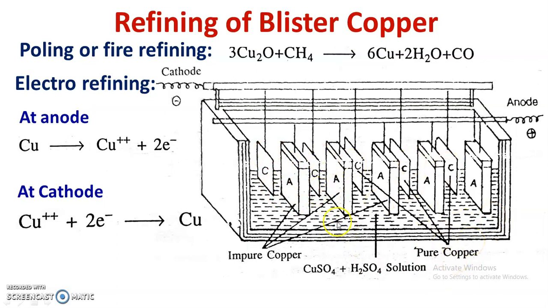As soon as direct current is passed, oxidation occurs at the anode and the anode gets dissolved into the electrolyte by this oxidation reaction. Cu gives Cu2+ plus 2 electrons. Cu2+ ions migrate towards the cathode, and at the cathode there is a reduction of Cu2+ ions and a deposition of pure copper metal on the surface of the cathode. So this is electro refining.